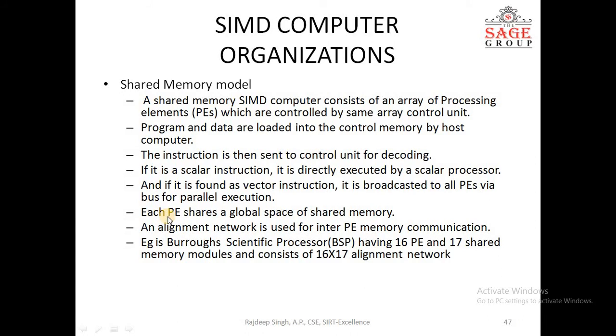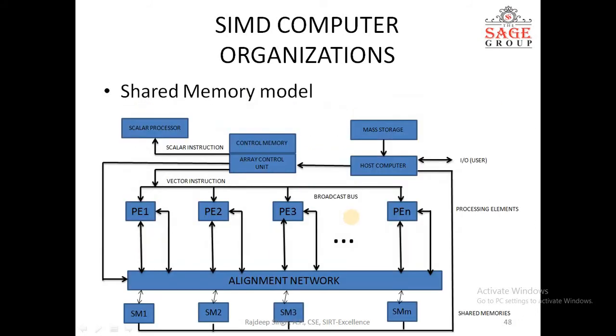Here I have written that each processing element shares a global space of shared memory. Look at this diagram: the processing element does not have any private or local memory of itself, but it is accessing this shared memory module. These all memory modules are shared.